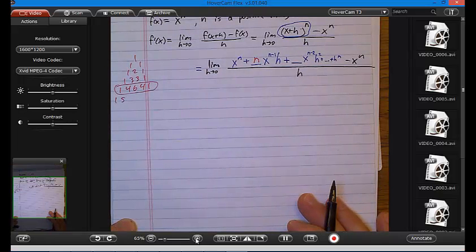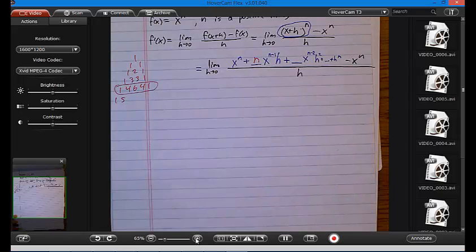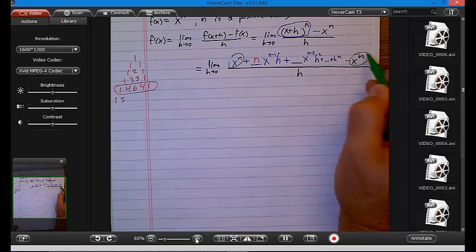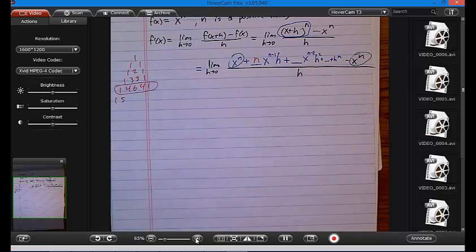Okay, so here I go. Remember what you do next is you simplify this big mess. Do you see anything that'll simplify? X to the n, right? You have an x to the n here, and you have an x to the n there. So that goes away. What's true about every other term in the numerator besides the ones that just went away?